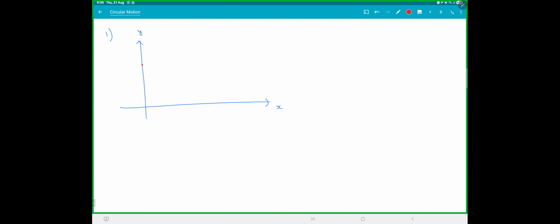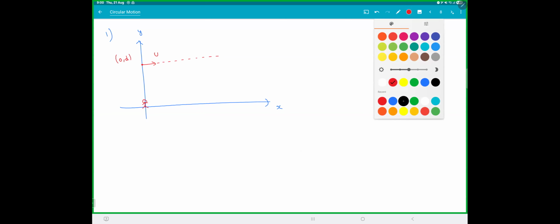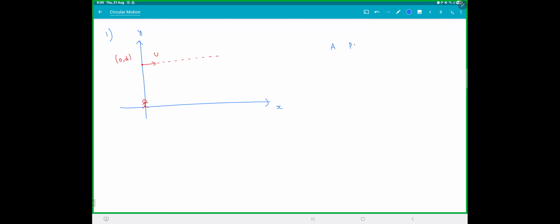So we have a particle here starting from 0, comma d. You're going with constant speed u in a horizontal line. And we have the observer standing at the origin. This is important. Where is the observer? Parallel to x-axis with speed u.